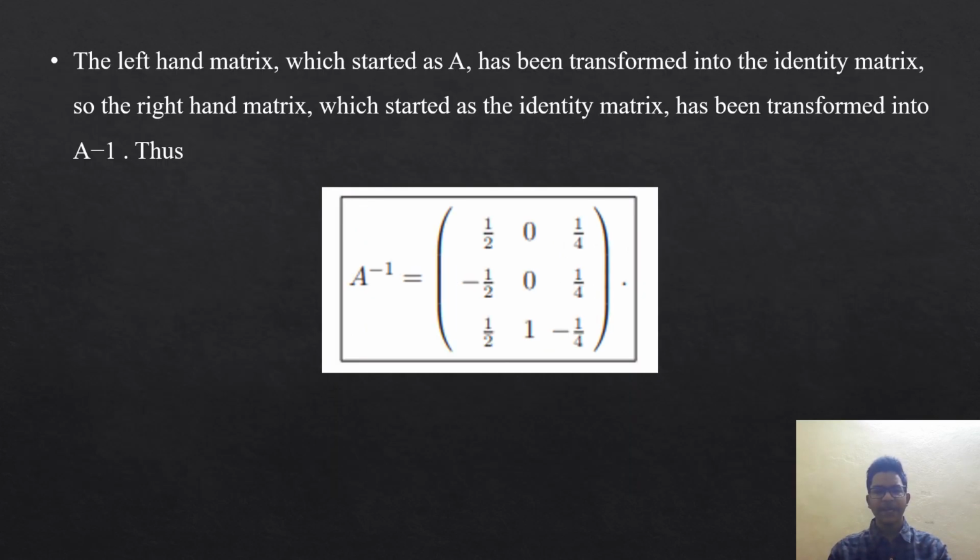The left hand matrix, which started as A, has been transformed into the identity matrix, so the right hand matrix, which started as the identity matrix, has been transformed into A minus 1, or A inverse. Thus A inverse is [1/2, 0, 1/4; -1/2, 0, 1/4; 1/2, 1, -1/4].